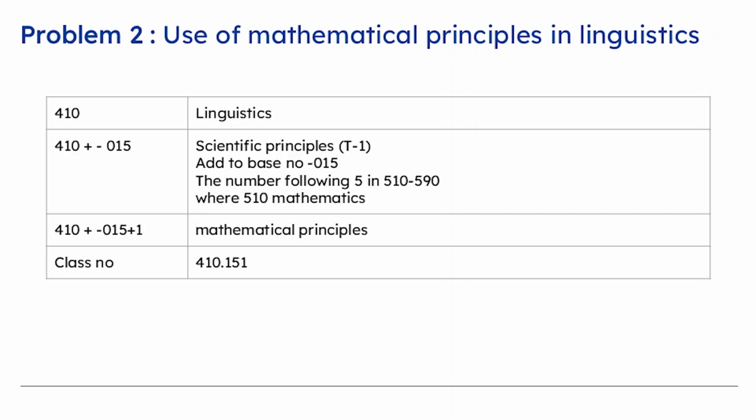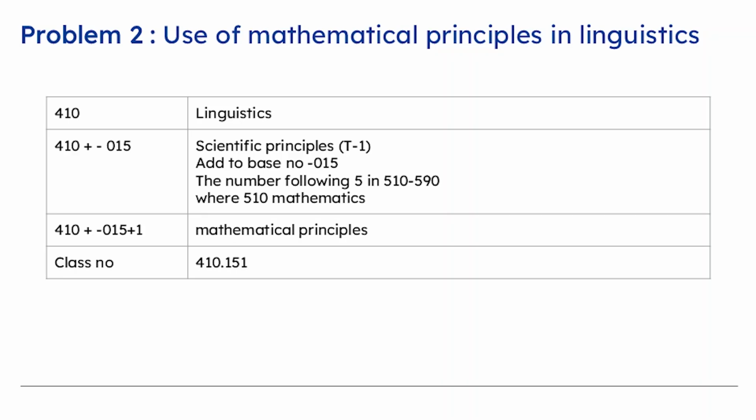So, these mathematical principles would have to be taken from table 1, where it is given as -015 scientific principles. Now, under this -015, we will see some addition, because it is not a simple scientific principle, it is a mathematical principle.